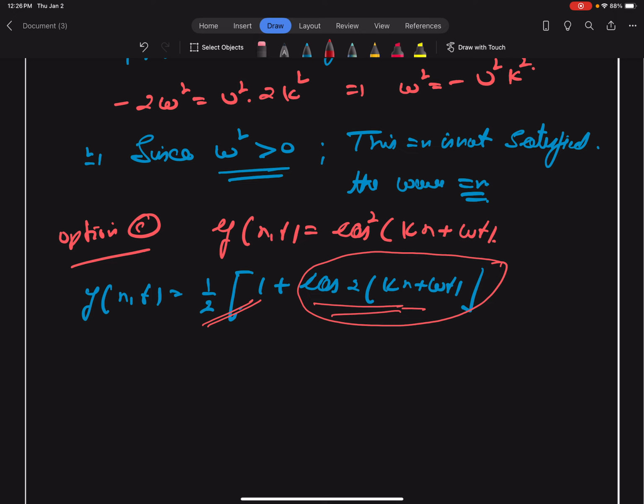And moreover, as soon as we find its partial derivative, it will vanish. So we can just write that y of t has two components.